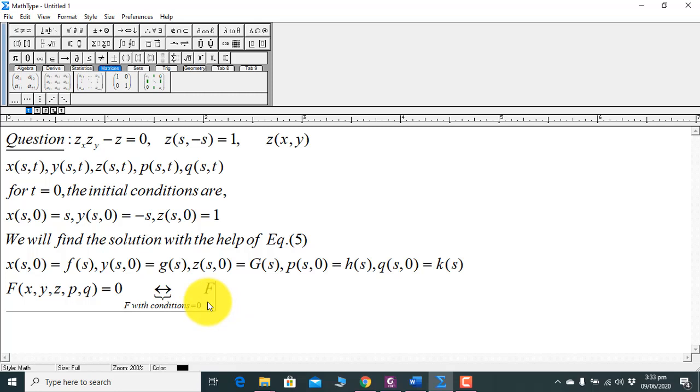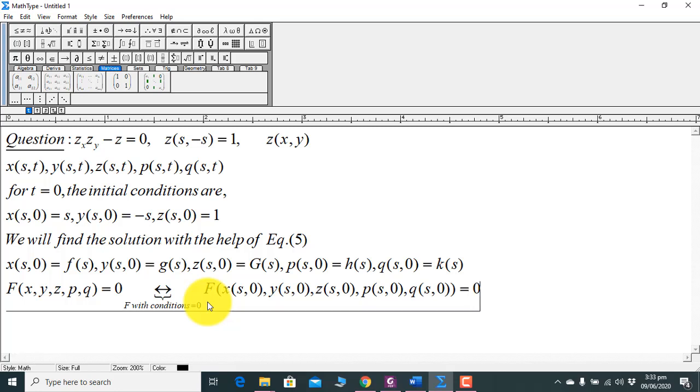So capital F of x of s comma 0, y of s comma 0, z of s comma 0, p of s comma 0 and q of s comma 0 will also give you 0.